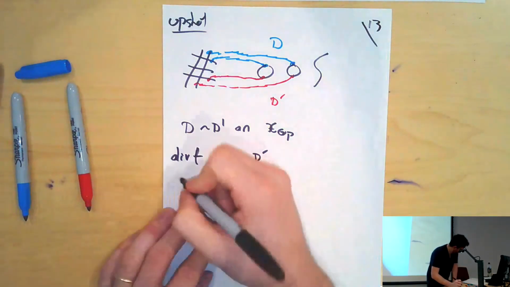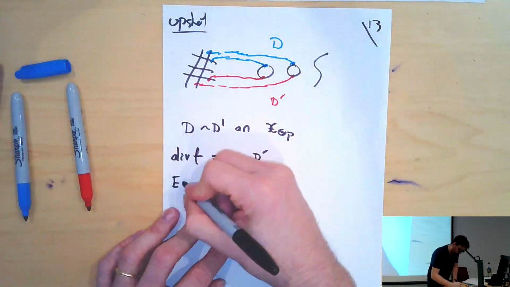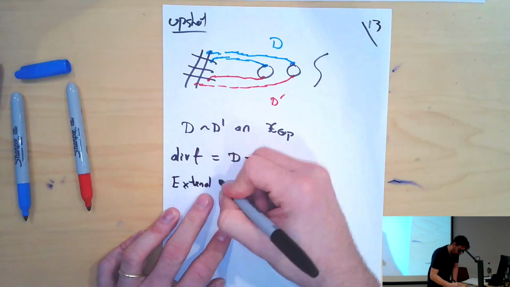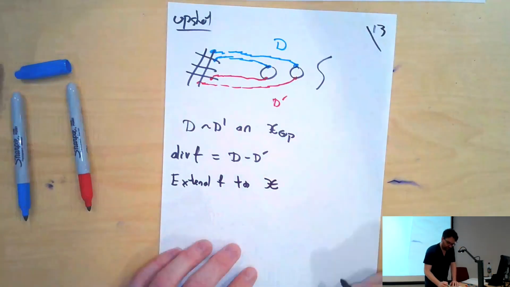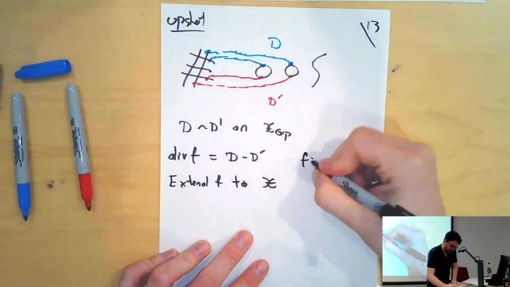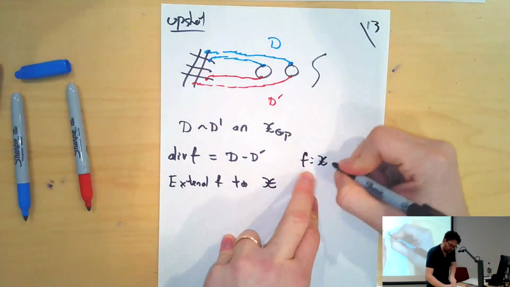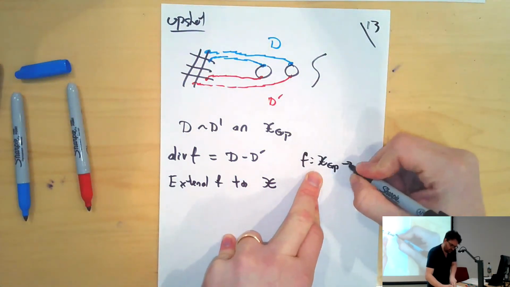And if we extend f to the full model, so here lowercase f is a map from X over Q_p to P1.